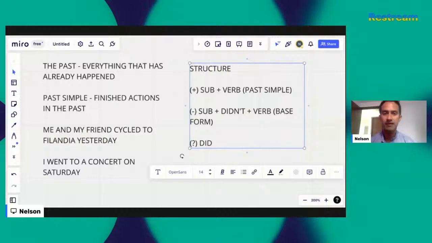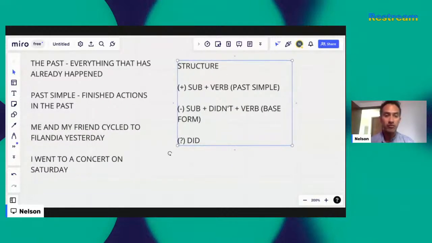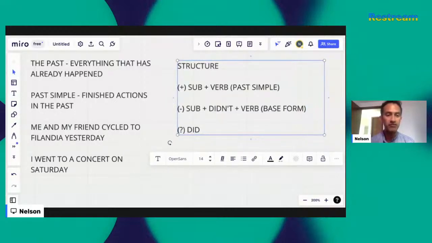Remember that the job of the auxiliary verb is to make the sentence simpler, to simplify. That is why every time that we use the auxiliary verb, the main verb of the sentence will always be in its base form. And the same for questions.